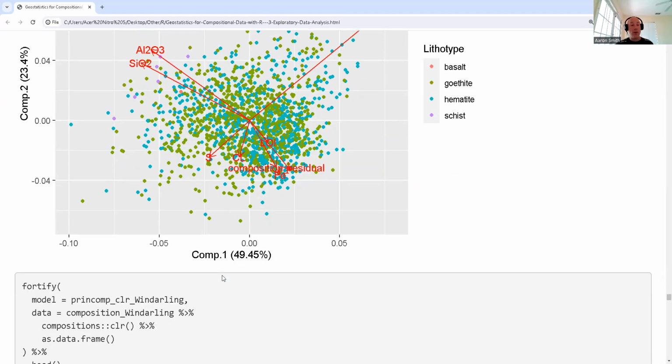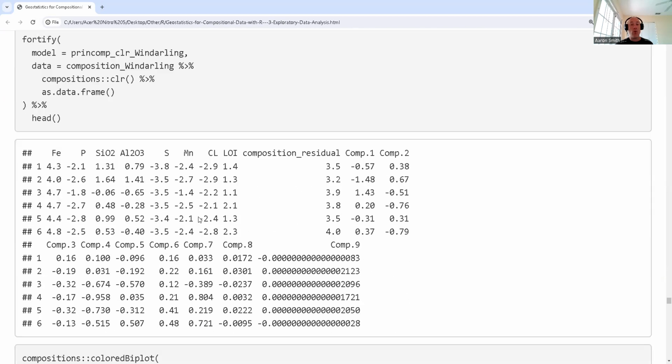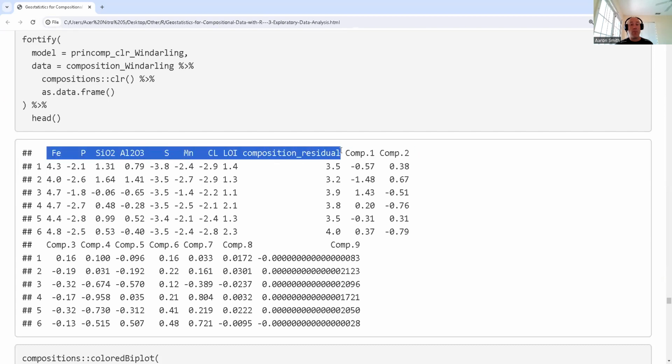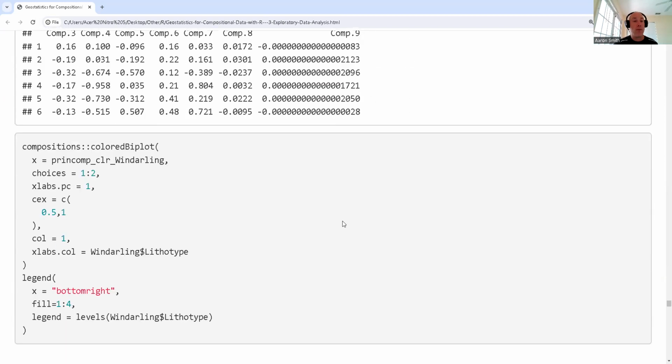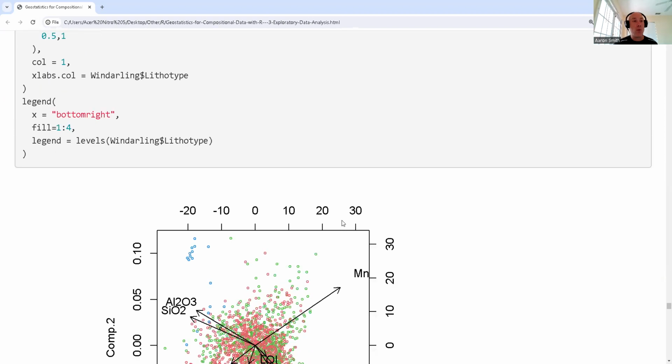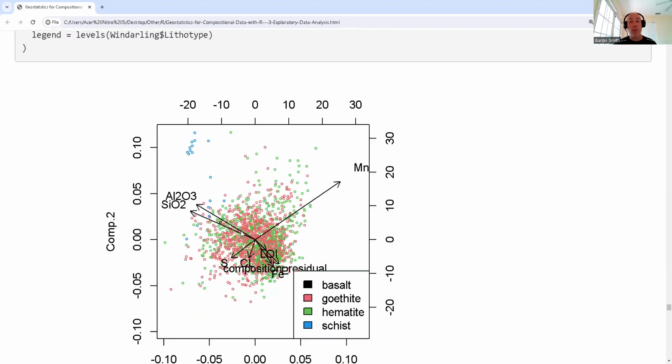All right. Now, also we have the fortify function that will take our original data and append the principal components onto it by a column bind very nicely for us. And so here, this is from the compositions package, their version of the biplot, same information, just presented in a different way.